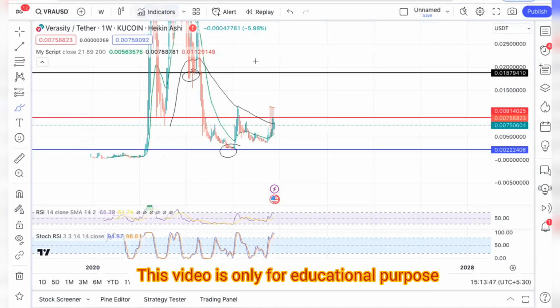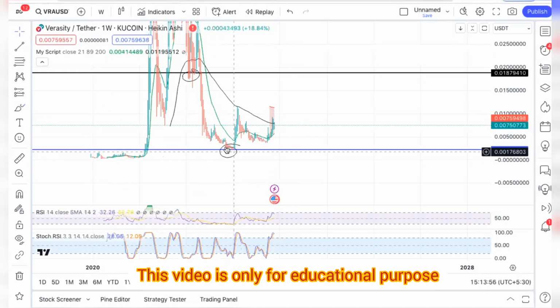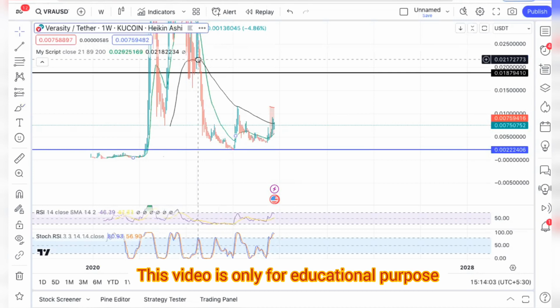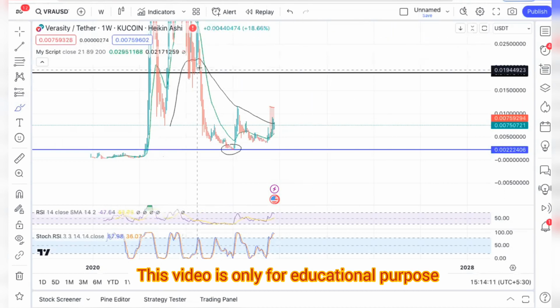So let's look at the VRA USDT chart, and we are looking currently at the weekly time frame. What I want y'all to see is that as long as we are holding this low, the bear market low that VRA made in December 2022, I think eventually we go for the retest of this high, which we broke in May of 2022, and since then we have never retested.